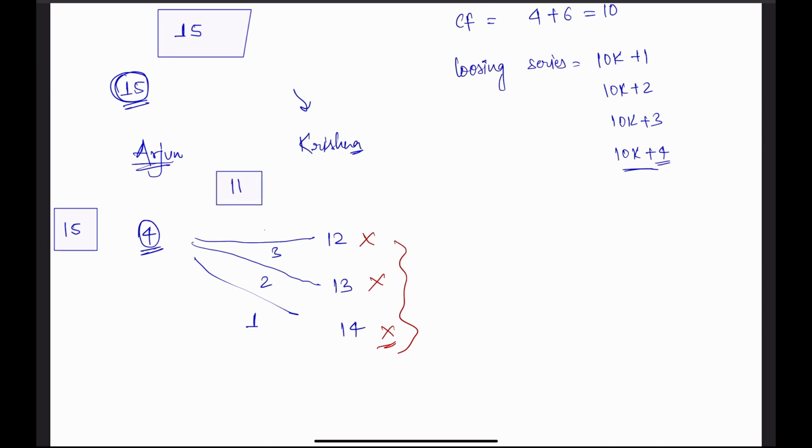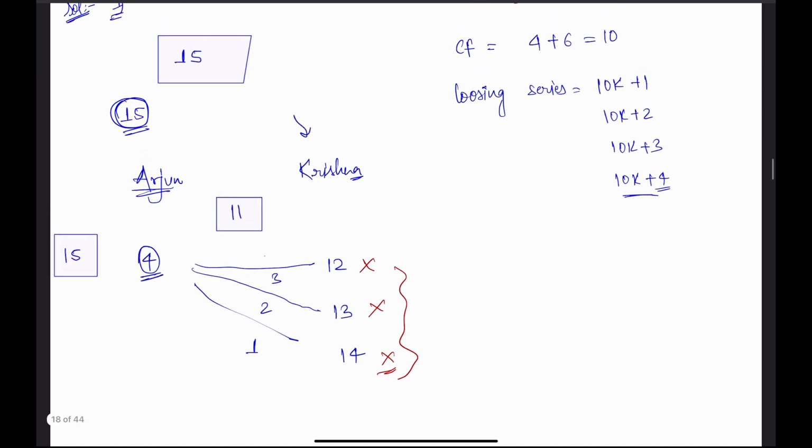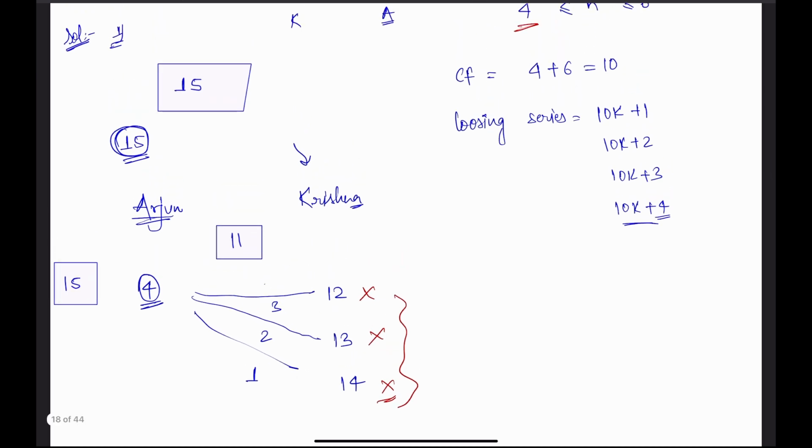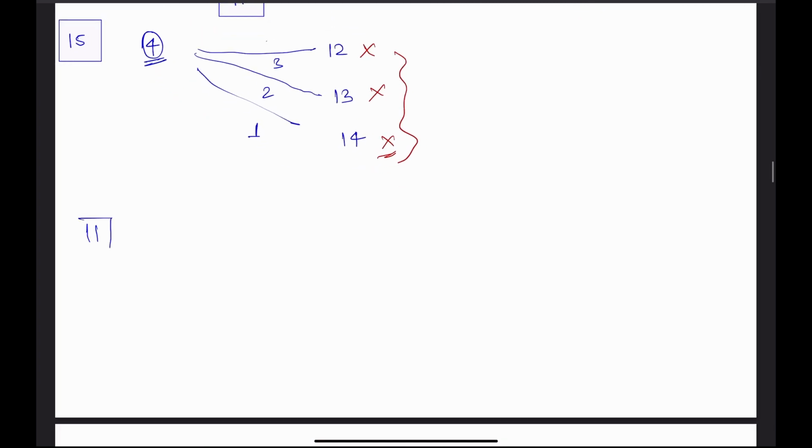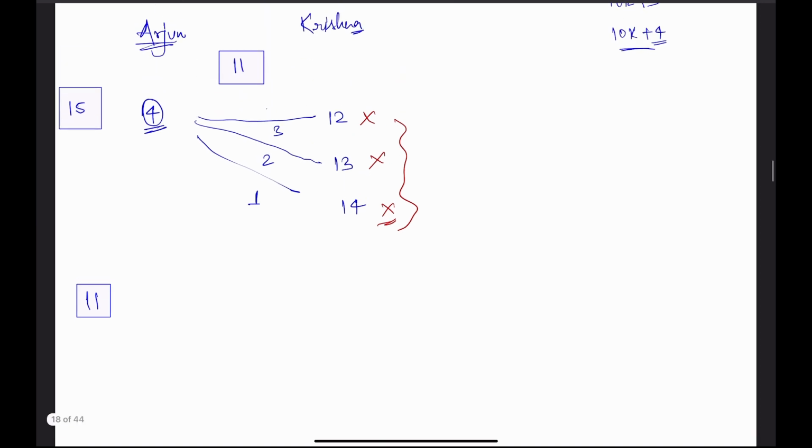Now what will happen in the next round? 11 coins are there, and it is the turn of Krishna to pick.